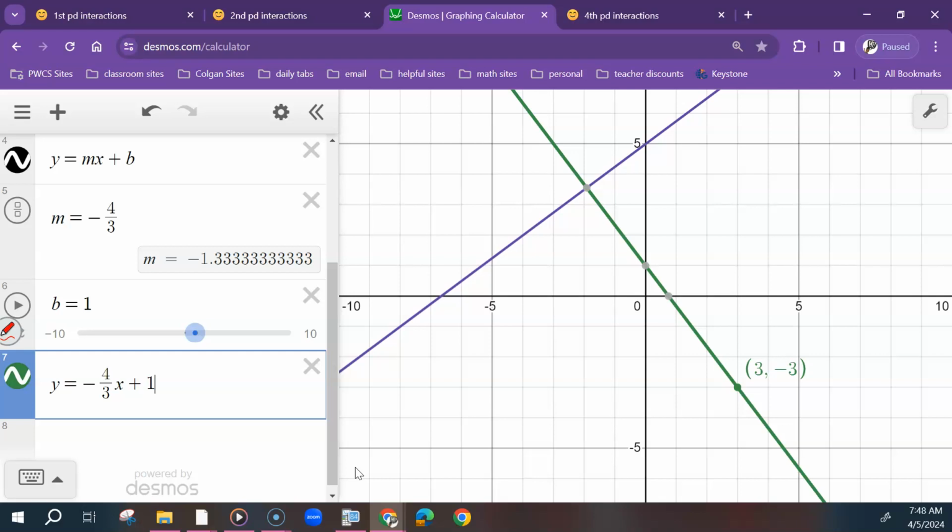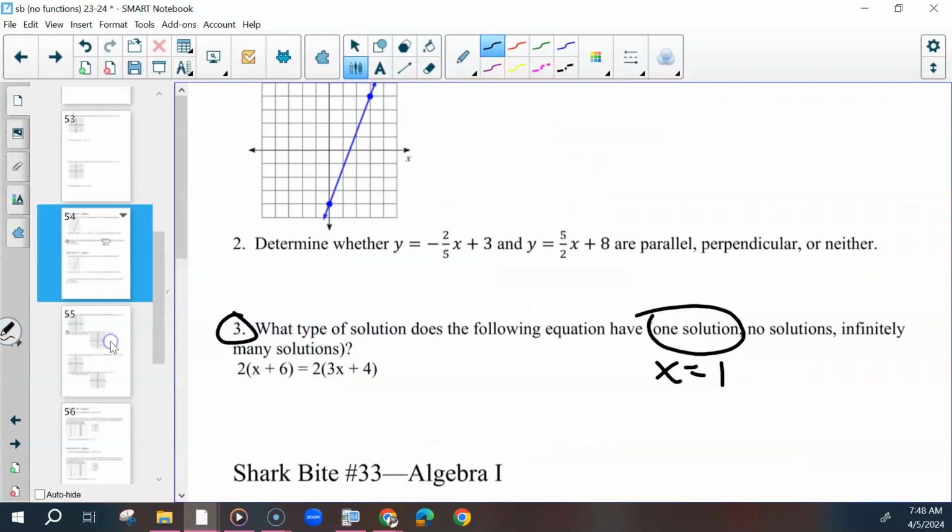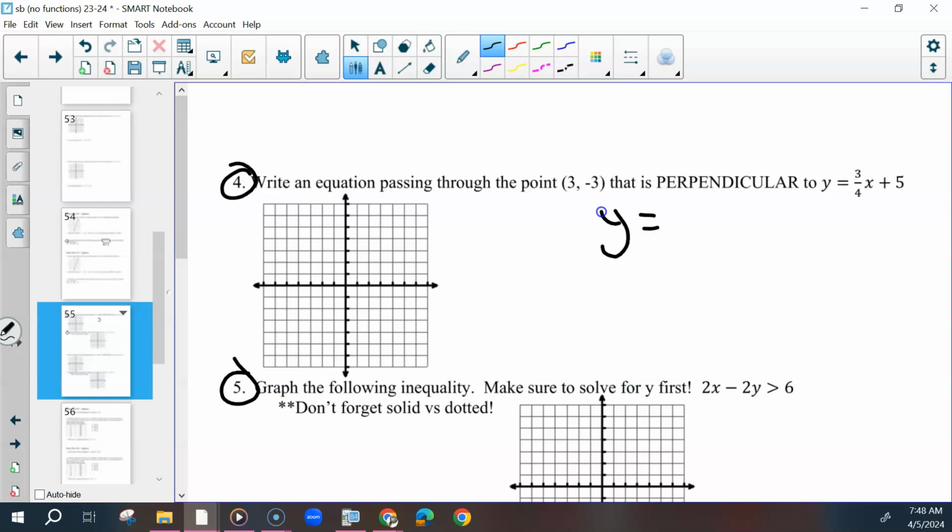I'm going to type in number 5. I'll write that down also. Negative 4/3. And then after we type it, we'll see what it looks like, see what the slope is, a y-intercept, and then graph it like that.